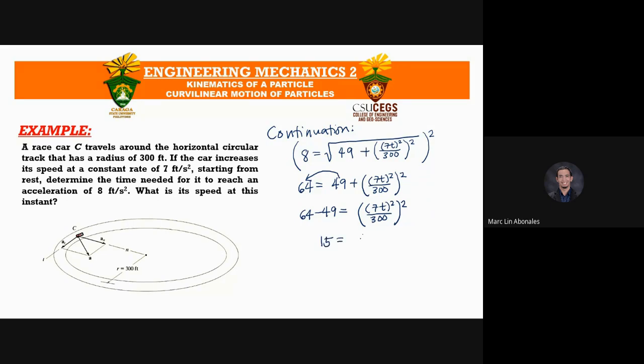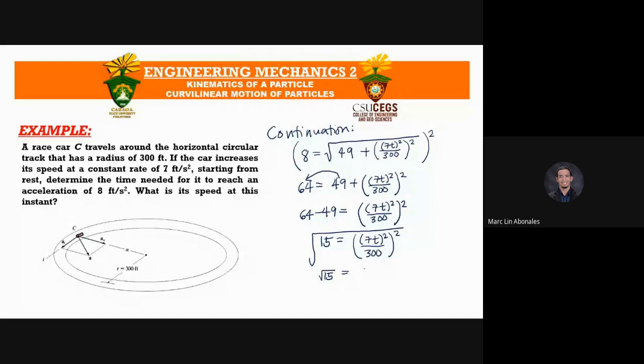And then ato buhaton diri is tanggalon na nato ang squared. So square root na nato whole equation. So mo na mahimo siya square root of 15 is equal to ma-cancel out na ang squared.